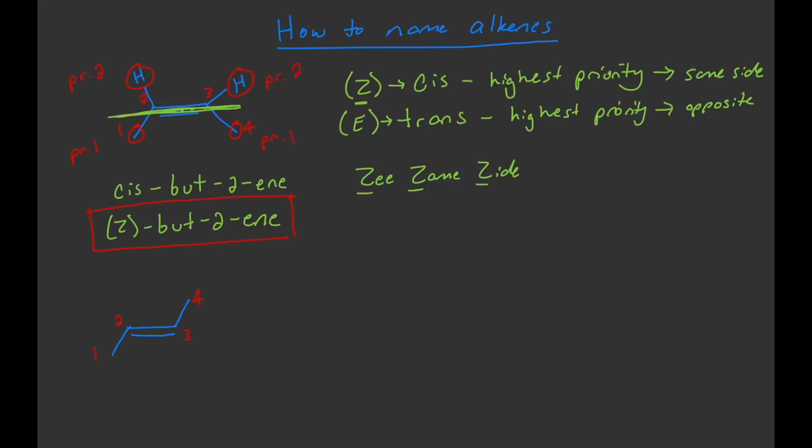Therefore, it does not matter which end you start the numbering. Then for this compound, if we draw our line down the alkene, we see that our carbon is on the bottom on the left, whereas we would have our hydrogen here.